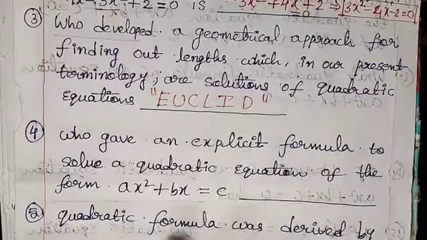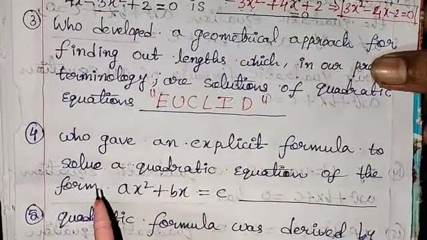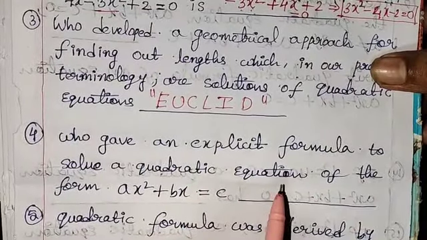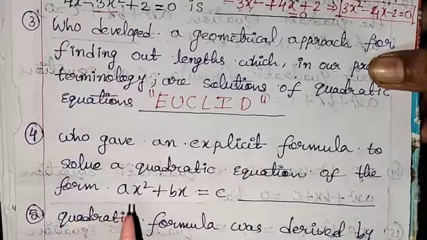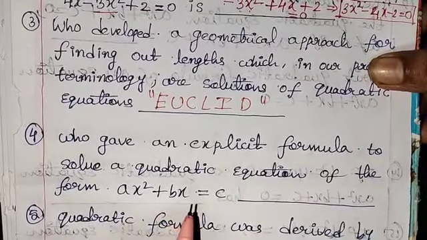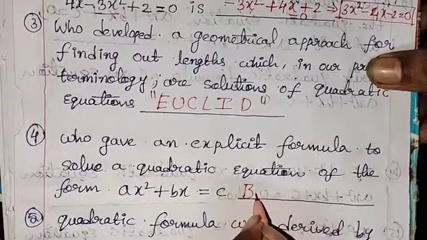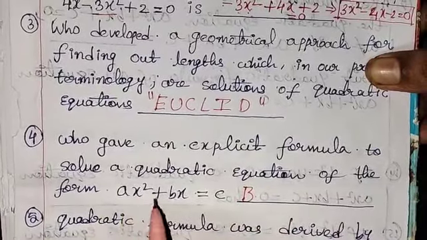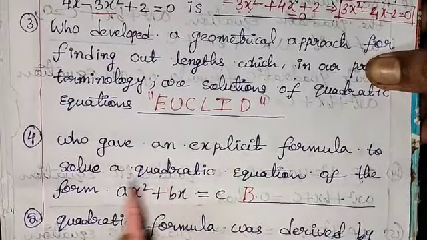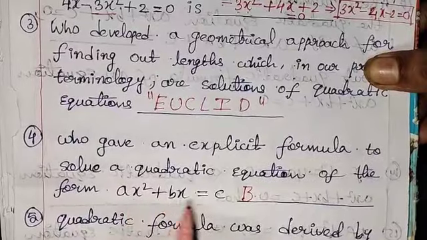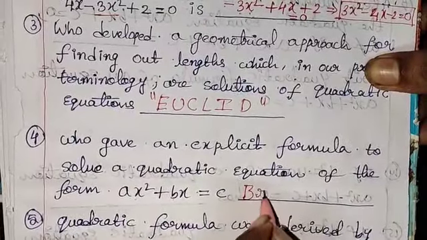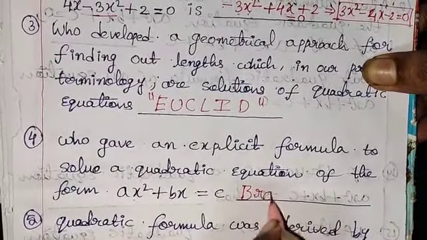Next, who gave an explicit formula to solve quadratic equations of the form ax² + bx = c? The answer is Brahmagupta.